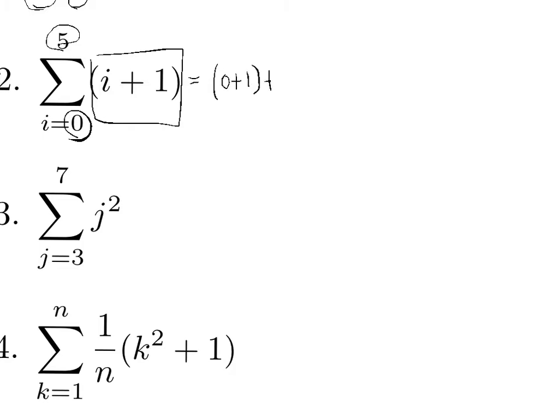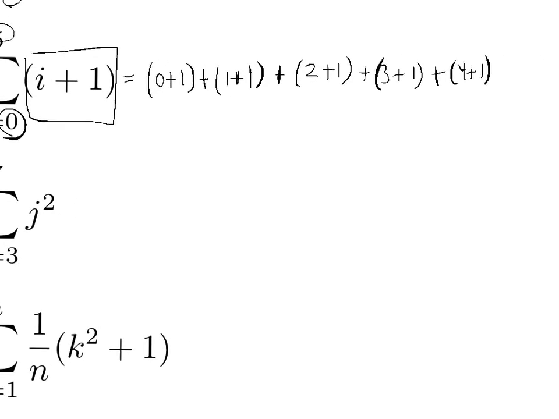Our second term will be 1 plus 1. Our third term will be 2 plus 1. Our fourth term will be 3 plus 1. Our fifth term will be 4 plus 1. And our last term will be 5 plus 1.